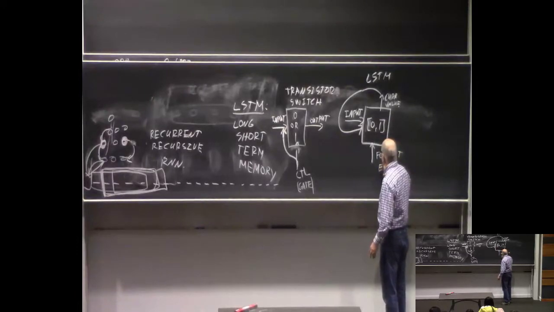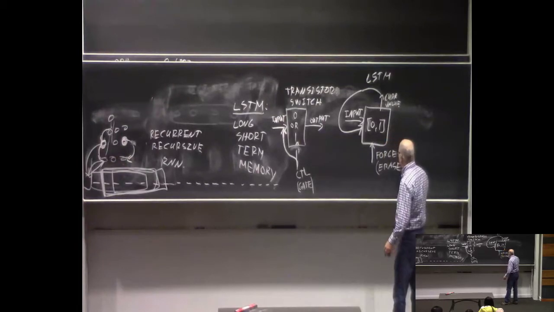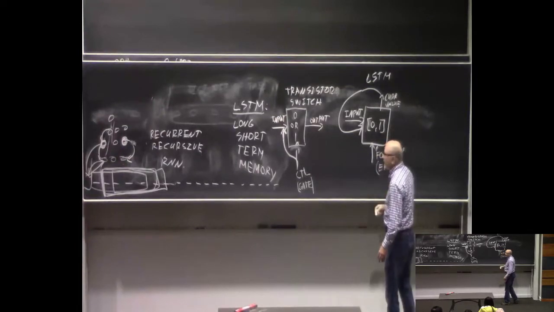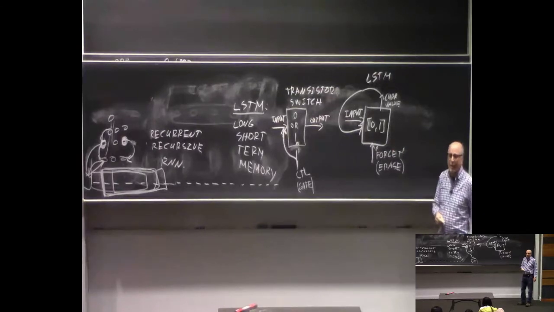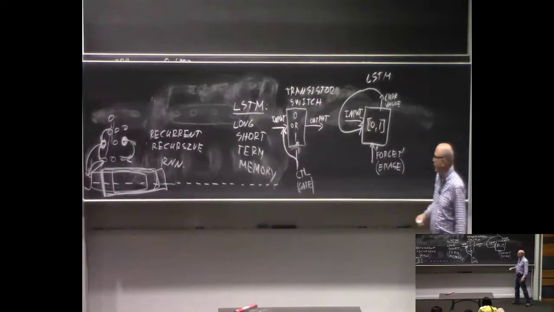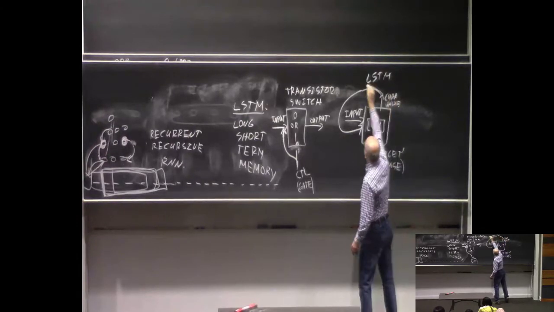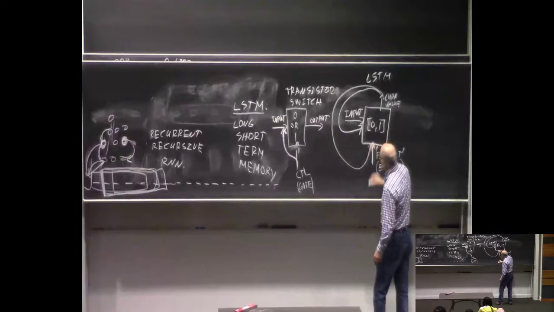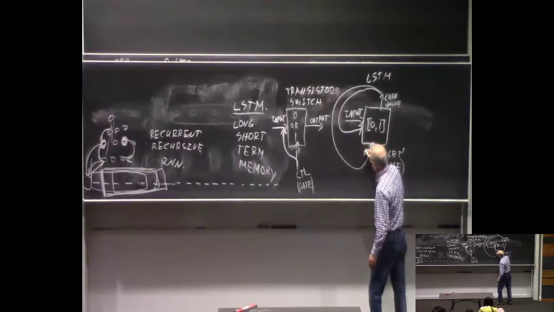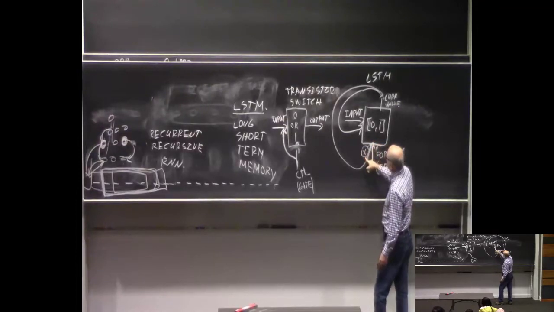It's actually erase. It's not forget, it's not passive, it's erase. And it's also not binary, it's gradual. That means there's some numerical value that comes in here and multiplies the current value. So this is multiplication. This is addition.